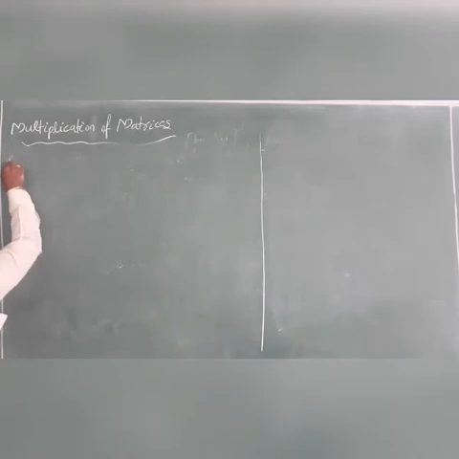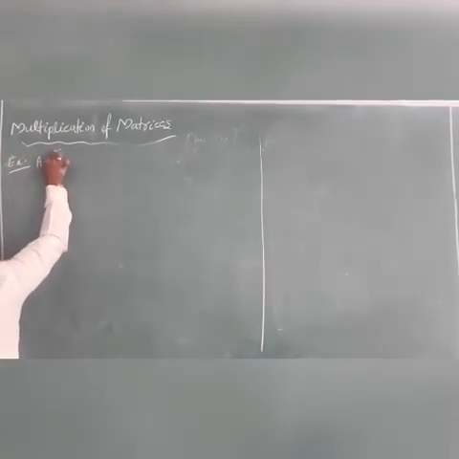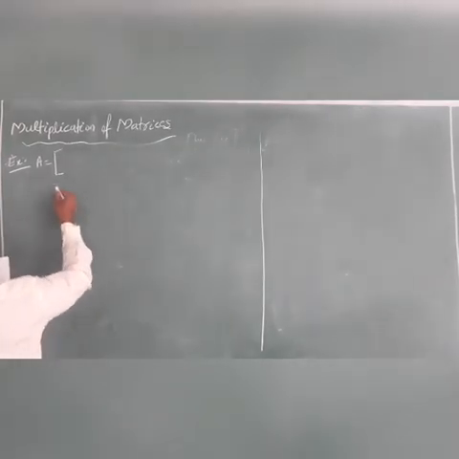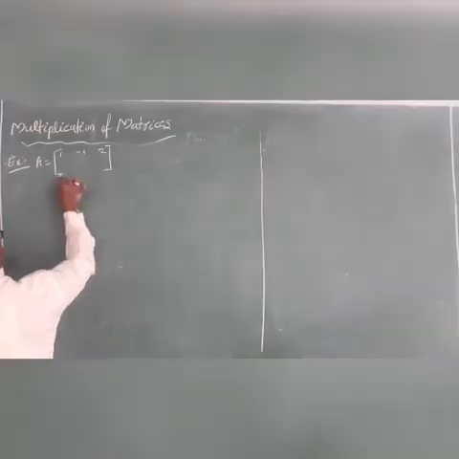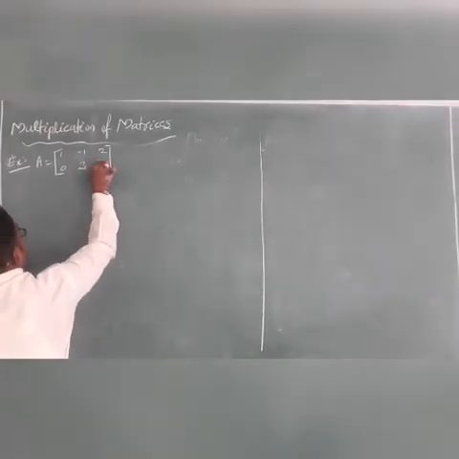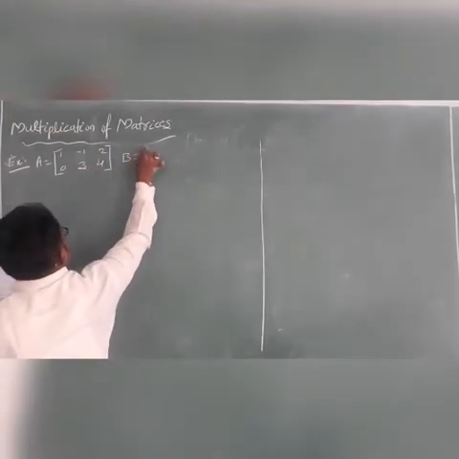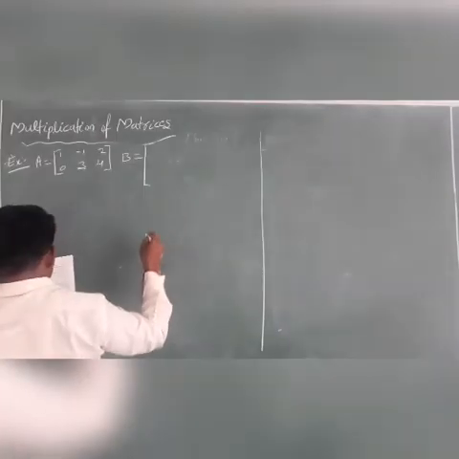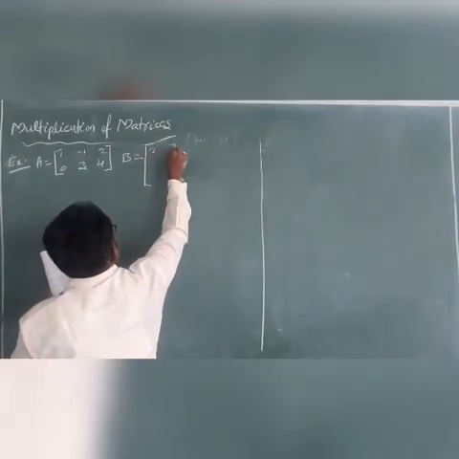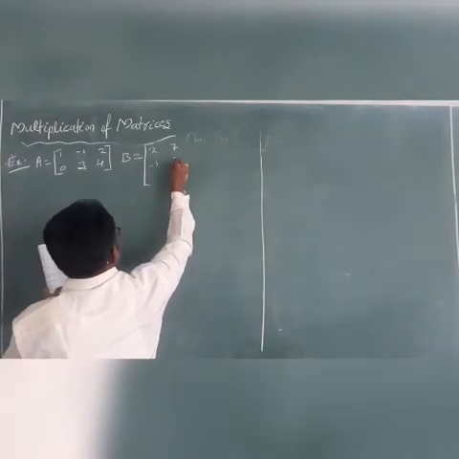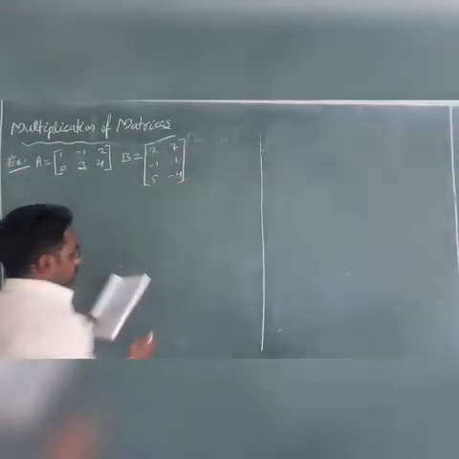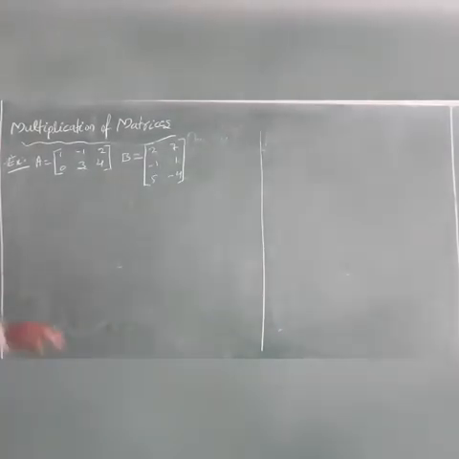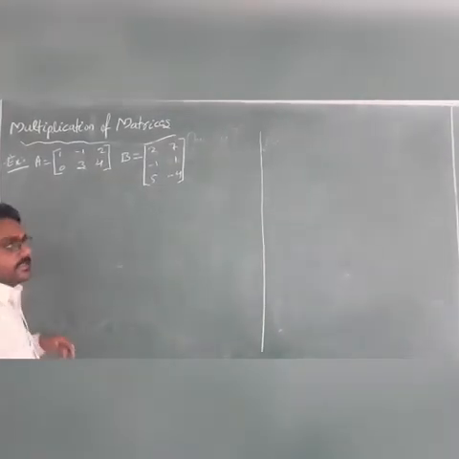Example: A equals the matrix 1 minus 1 2, 0 3 4, and B equals the matrix 2 7, minus 1 1, 5 and minus 4. You have to find the product AB.